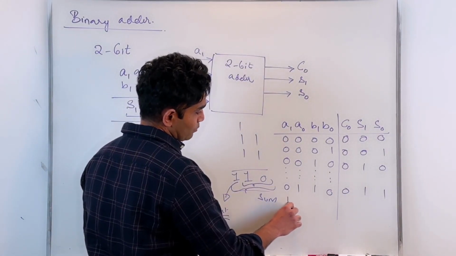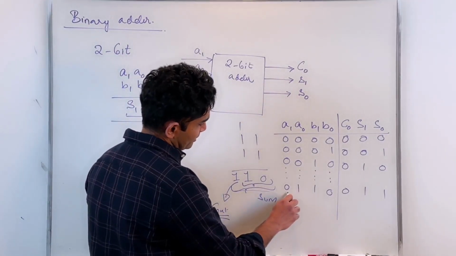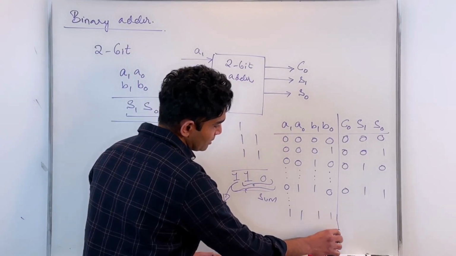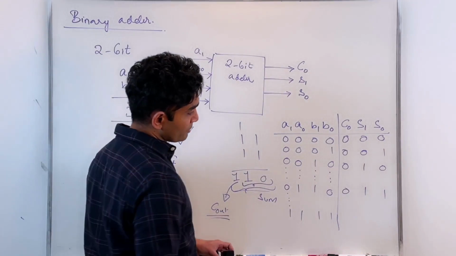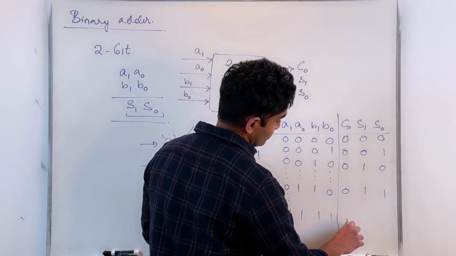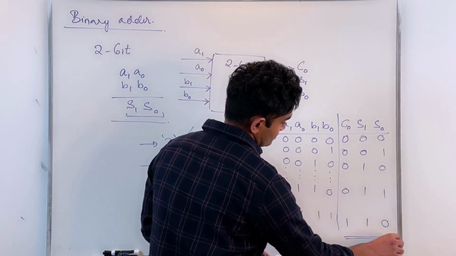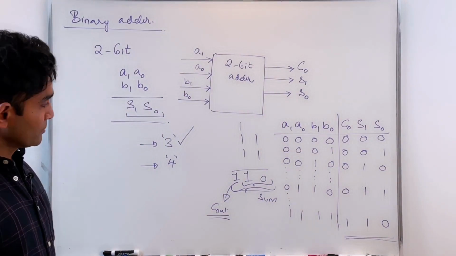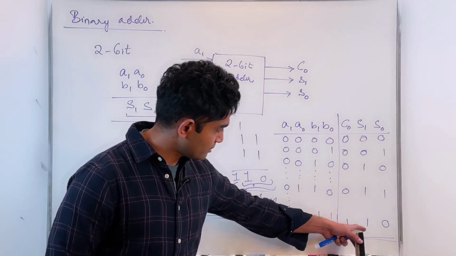And finally, 1, 1, 1, 1: I'm adding 3 to 3, my sum is 6, and that gives me 1, 1, 0.